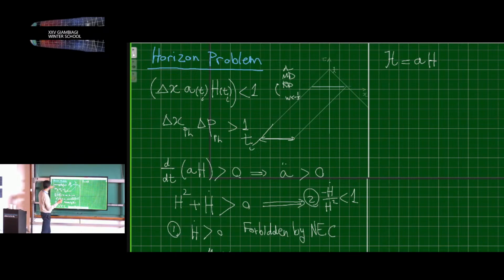Why? Because this relation can be rewritten, with this definition, as delta x times curly H at some initial time, we want this to be less than 1.